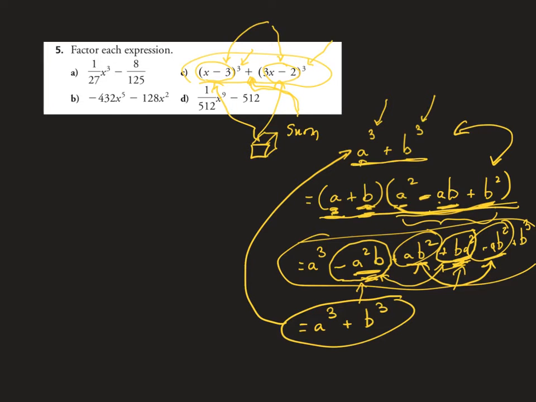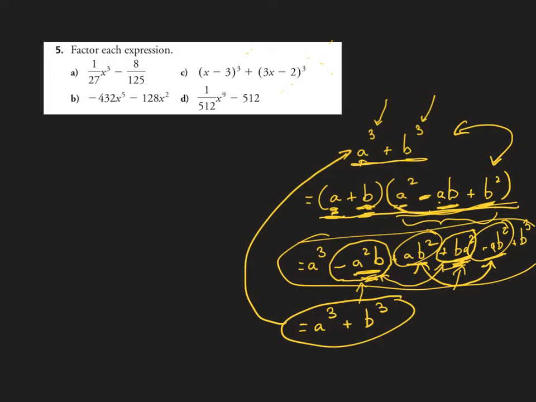If you take a look here, let me erase this stuff. If you take a look right here, we have something cubed plus something cubed. So we know that that could also be equal to something plus something. So let's start it off here.